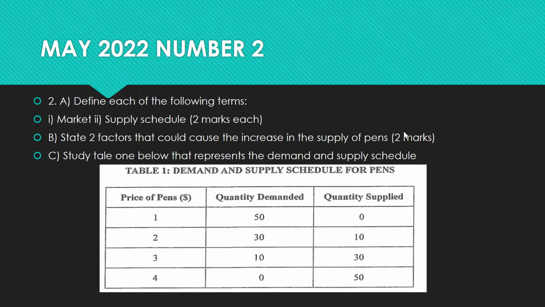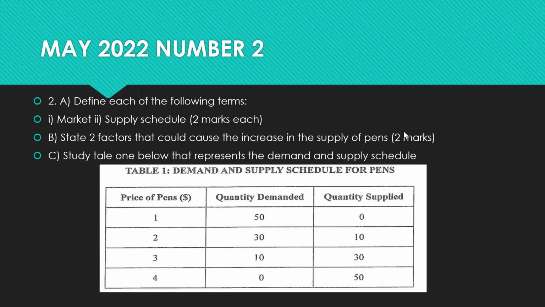If the cost decreases, they will supply more. If the cost increases, because it costs them more money, they will supply less. So a decrease in cost. New technology could cause them to supply more. More resources could also cause them to supply more.